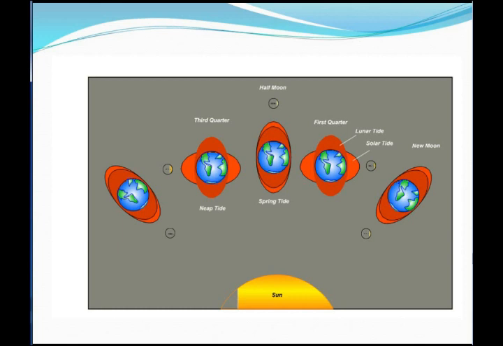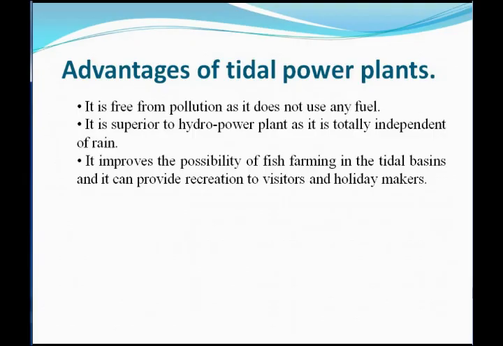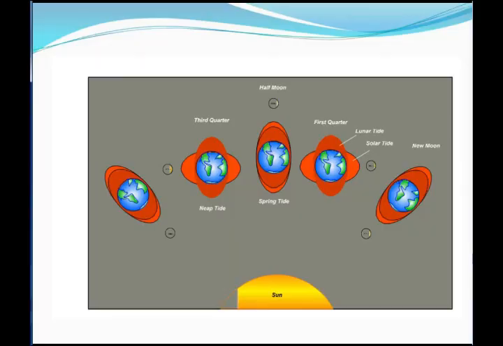Okay, the spring tide is when all the three are aligned, and the neap tides are when the moon is at a 90 degrees variation with respect to the earth.